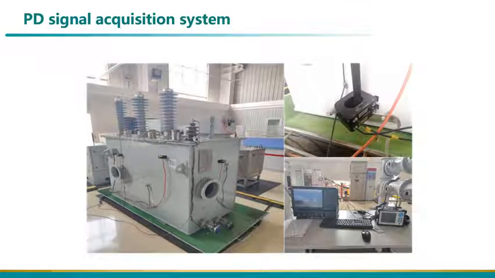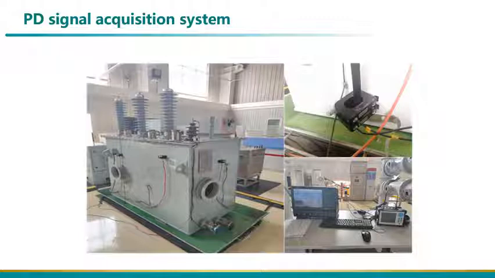The transformer partial discharge signal is collected using the system shown in the figure. The partial discharge devices are deployed inside the transformer, and the high-frequency sensors are deployed at the transformer's ground wire to couple the high-frequency pulse signal. The real-time waveform and synchronous voltage signals are collected by the oscilloscope.